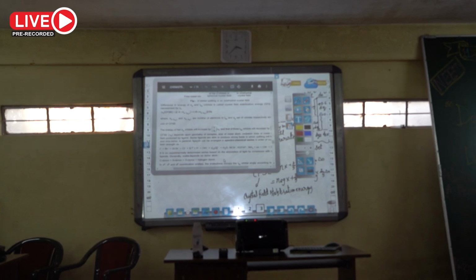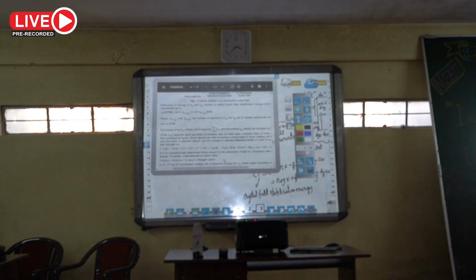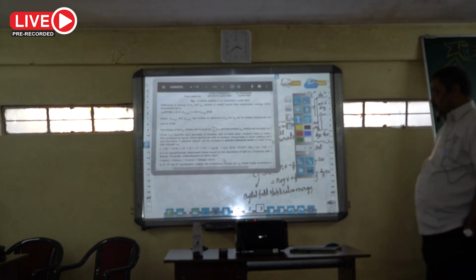The spectrochemical series gives the increasing order of the ligand field strength, which follows.